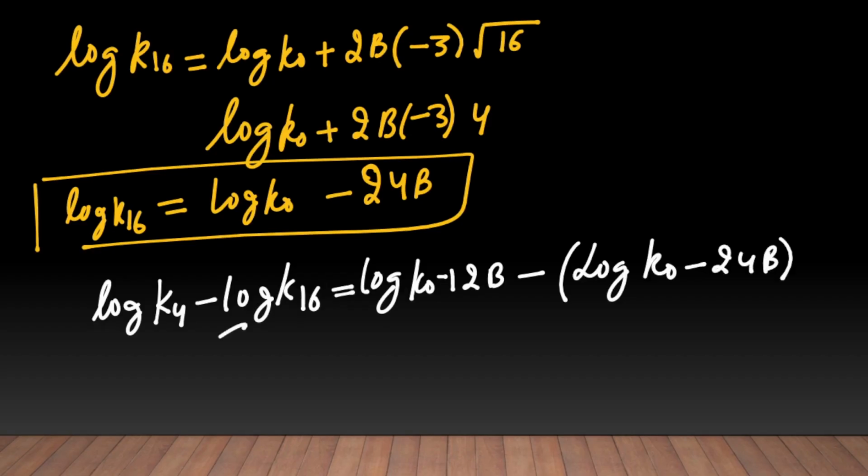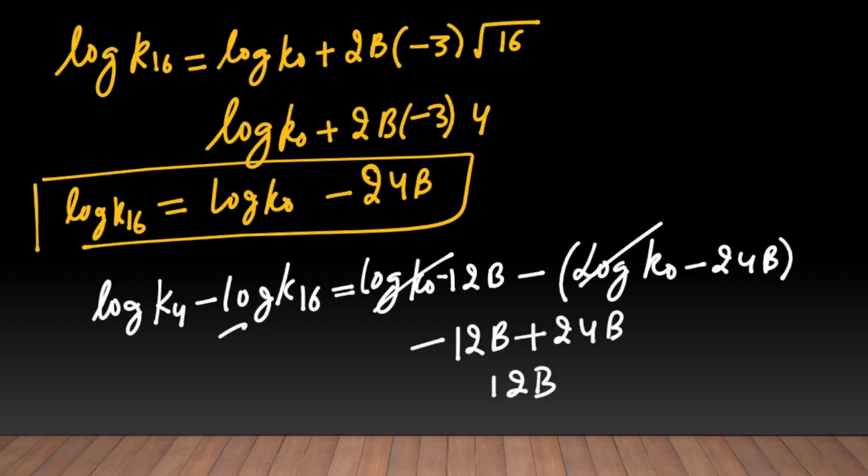So this log K0 and log K0 value will get cancelled out. We are left with minus 12B plus 24B, that we get as 12B.